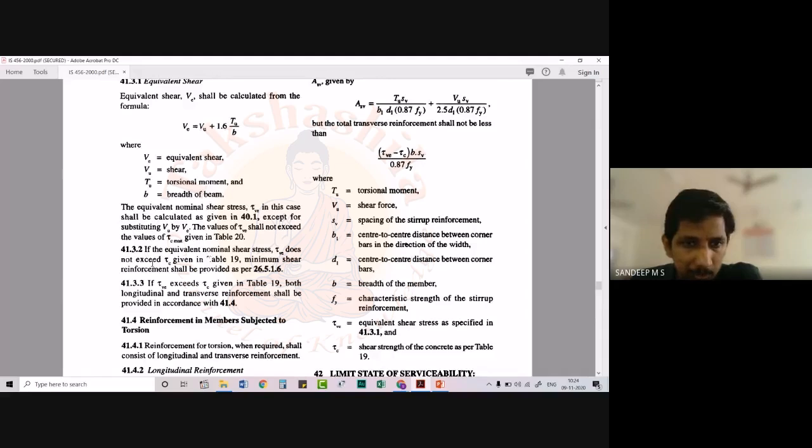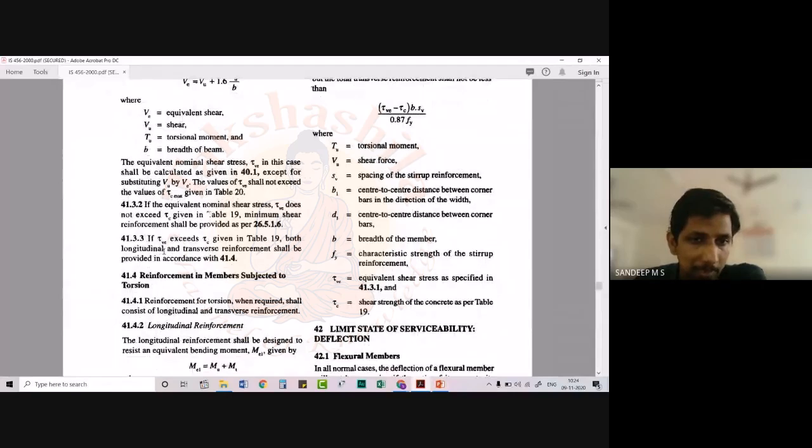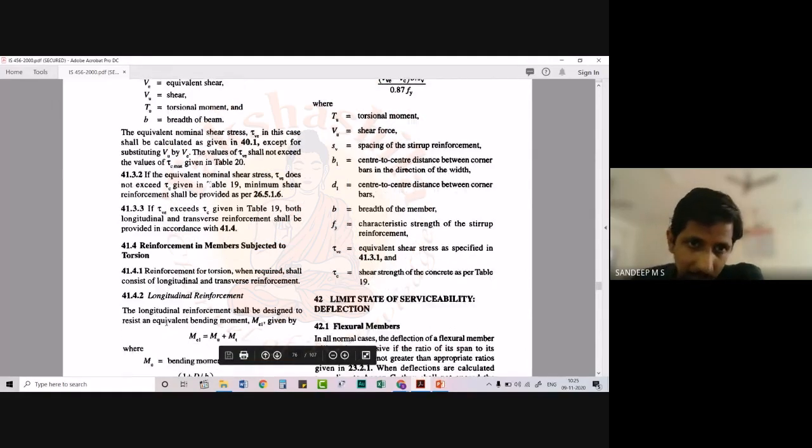Now we have the next clause. If the equivalent nominal shear stress tau VE does not exceed tau C given in Table 19, minimum shear reinforcement shall be provided. That is the same thing that we were doing. And if tau VE exceeds tau C given in Table 19, both longitudinal and transverse reinforcement shall be provided in accordance with 41.4. So let's see what is there in 41.4.